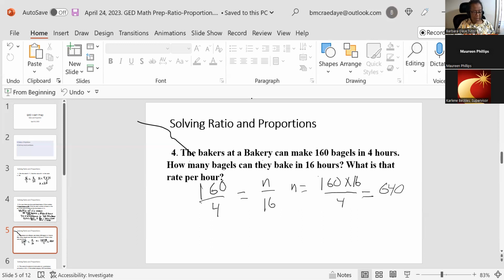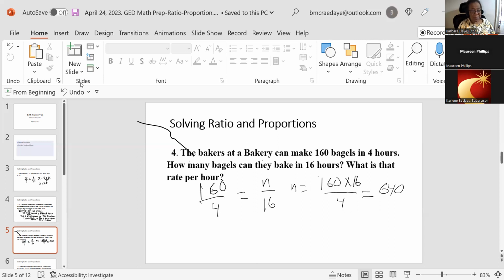No, what it is asking, Maureen, is what is the rate per 1 hour? If the baker can make 160 bagels in 4 hours, how many bagels can they make in 1 hour?